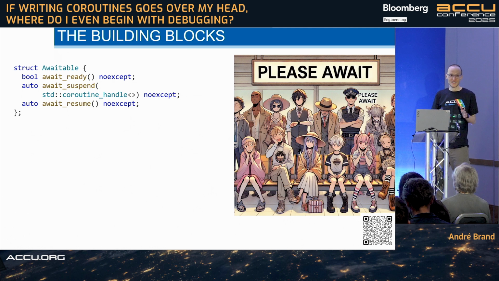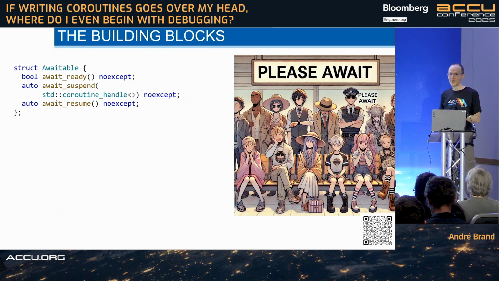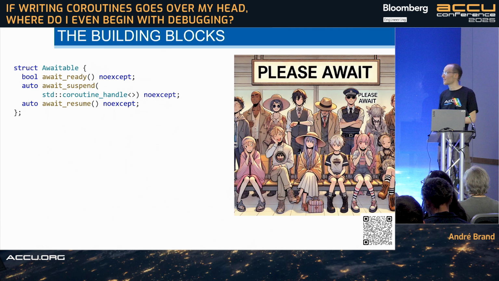I won't distinguish between the two here because for one thing, I don't like the terms, and the standard itself doesn't distinguish between the two. In fact, the standard uses the word awaiter only in an example, and the final suspend and initial suspend, the suspend always and suspend never are also called awaitables.